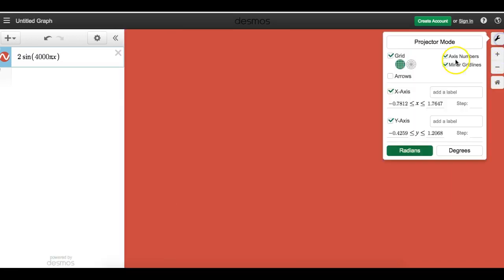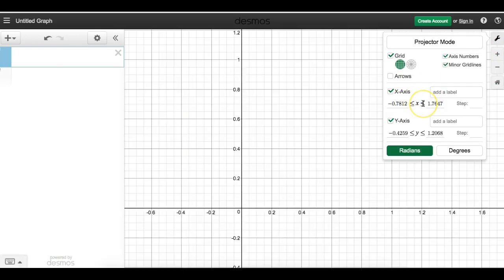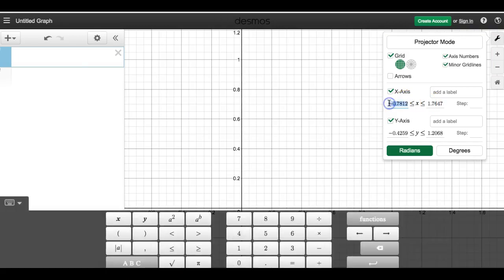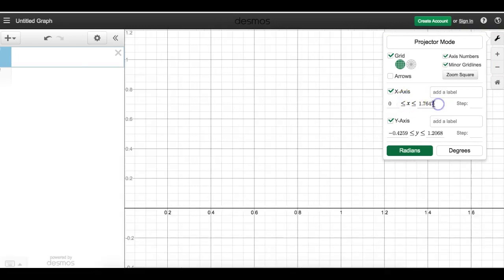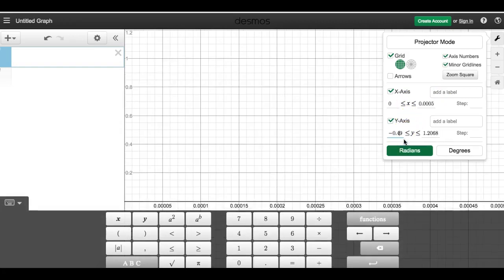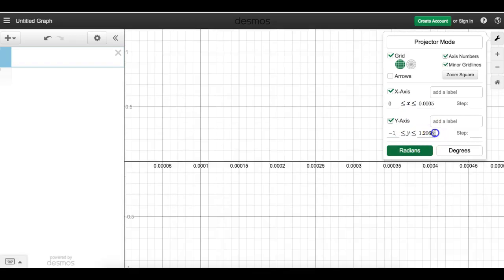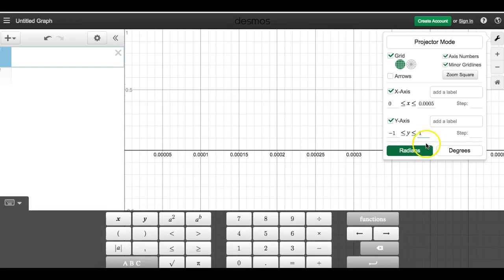If we go ahead and change the x-axis intervals, let's go from 0 to, how about our step is 1 over 2,000. And then for our y-axis, we'll go from -1 to +1. Okay? And we'll keep this in radians.